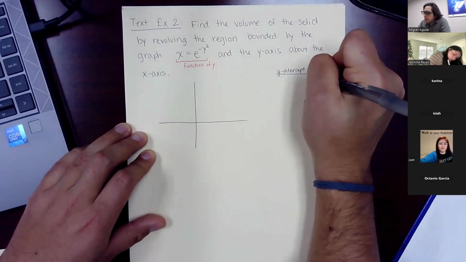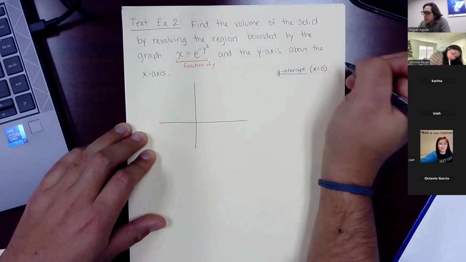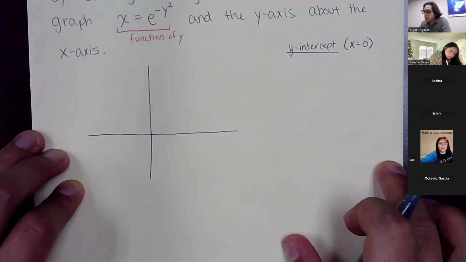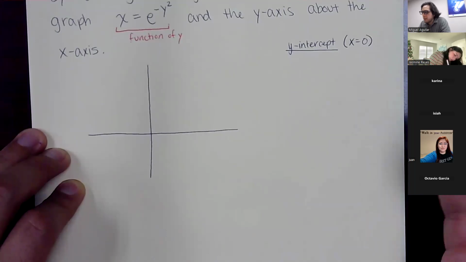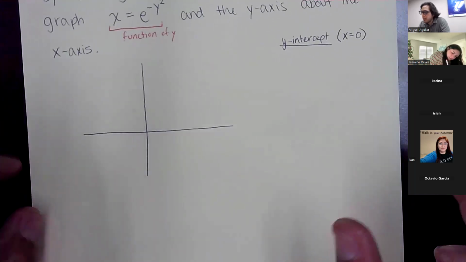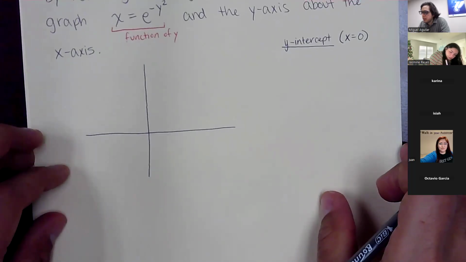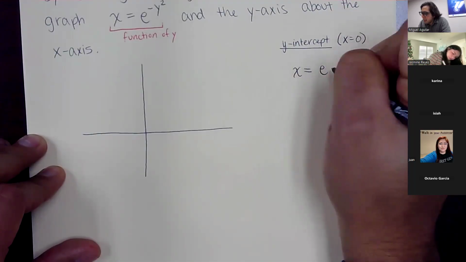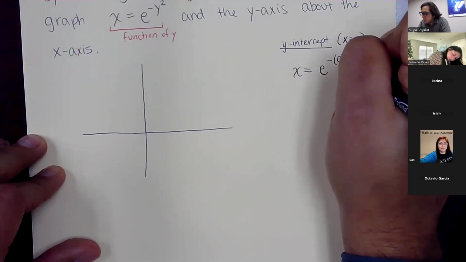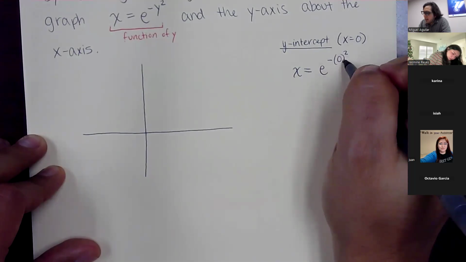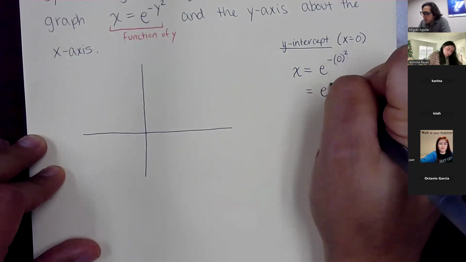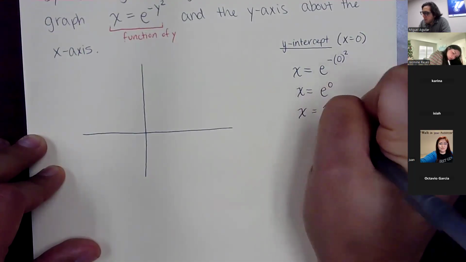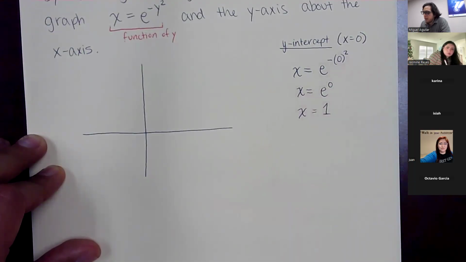But the y-intercept is always just plugging in 0 for x and then solving it. That might be a hard equation to solve, but I'm just taking a guess at how we can find some of these critical points, these really important features of the graph. So if I did x is equal to e to the negative 0 squared, then that's just going to be e to the 0 power. So x would equal 1. Okay.